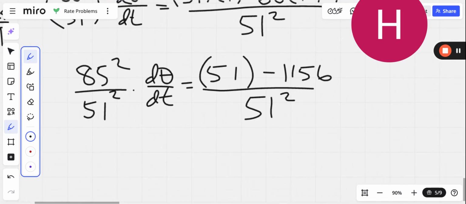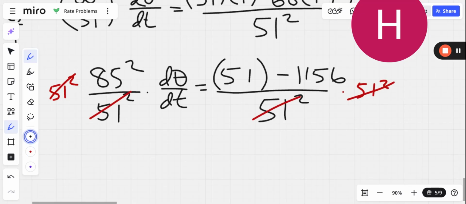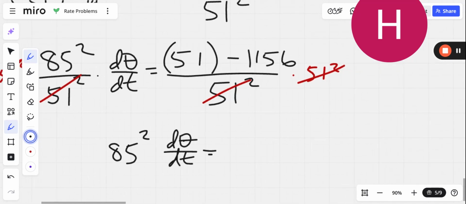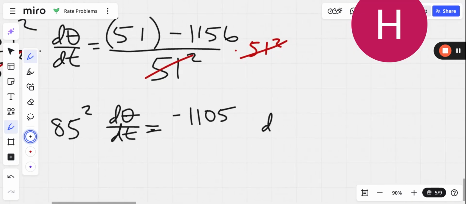I'm going to multiply both sides by 51 squared. And that's going to easily get rid of this denominator. So now we just have 85 squared times d theta dt essentially just equals 51 minus 1156, which is going to be a negative 1105. Yeah. And then we're going to divide on both sides.